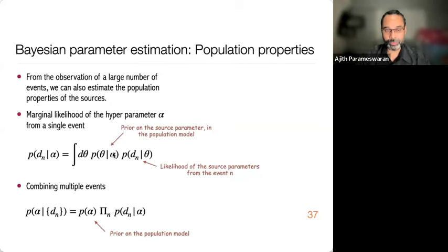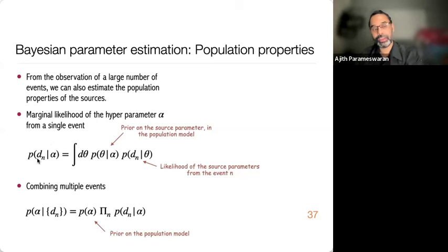So a given model parameter alpha will give you a distribution of the parameters theta, which are the mass of the individual events, their spins, their redshift distribution, etc. And then from each event n, with data d_n, we can compute the likelihood of this set of parameters. And if you marginalize it over these intrinsic parameters of the events, you can compute a likelihood of the alpha given the data.